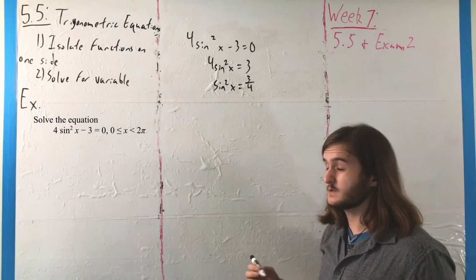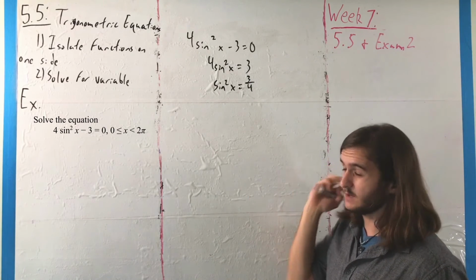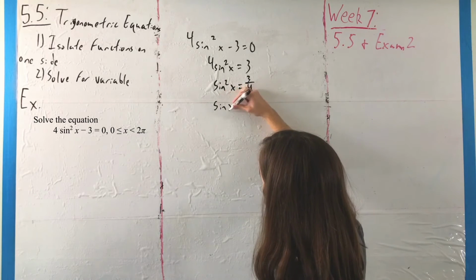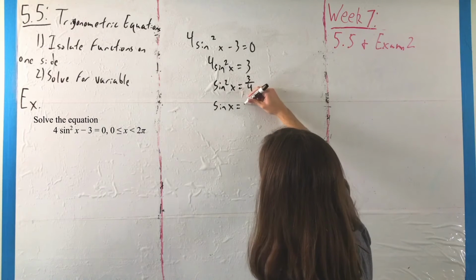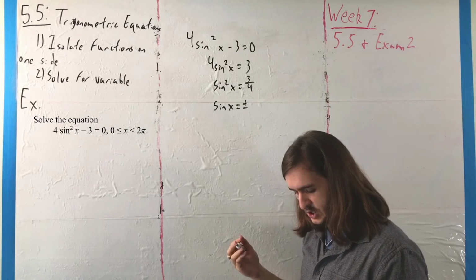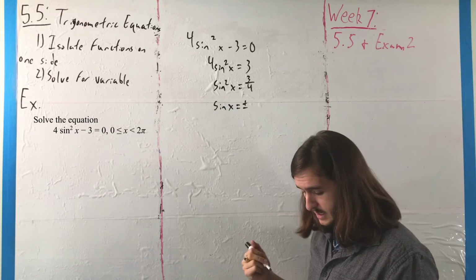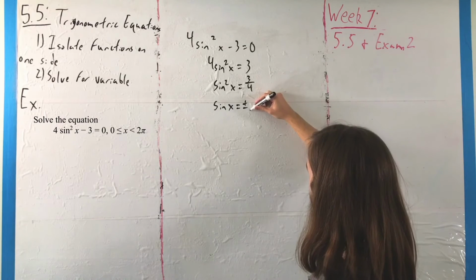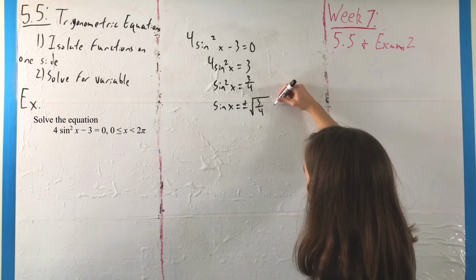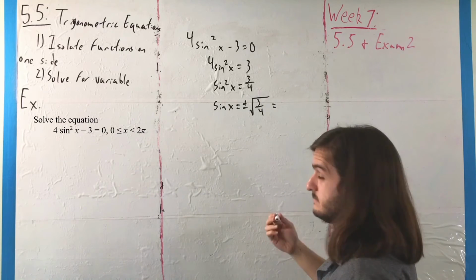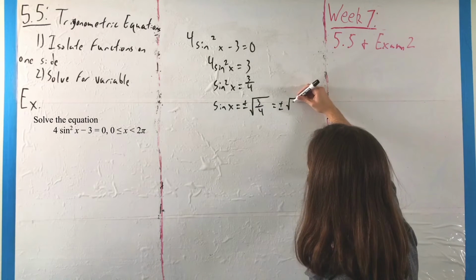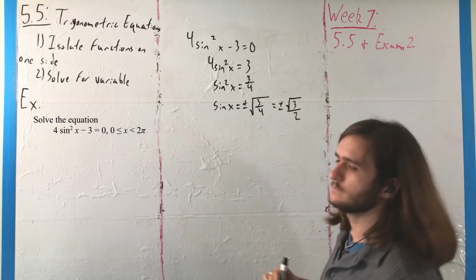Well, we're getting closer. Let's take the square root, and what we'll have from there is that sine of x is equal to the positive or negative, because we're not entirely sure just yet, root of 3/4, or if you prefer, and most would, plus or minus root 3 over 2.